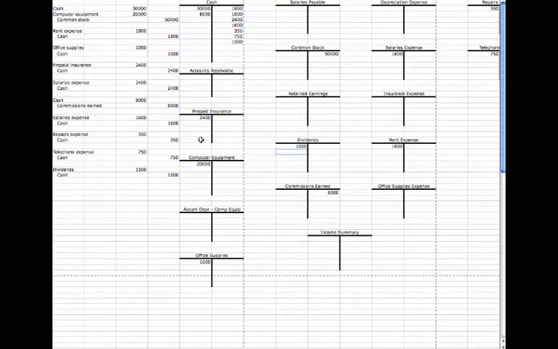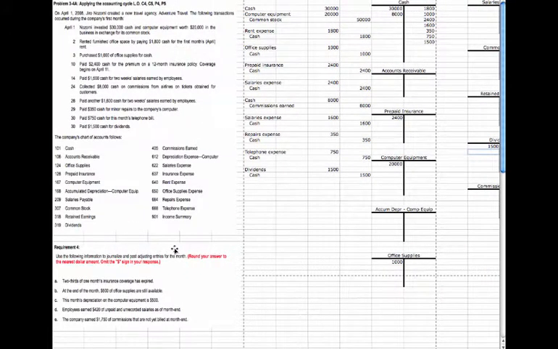So let's take a look over here in Requirement 4. In Requirement 4, it says, use the following information to journalize and post your adjusting entries for the month. It says, round to the nearest dollar amounts and omit the dollar signs. So from the adjustment, it says 2/3 of 1 month's insurance coverage has expired.